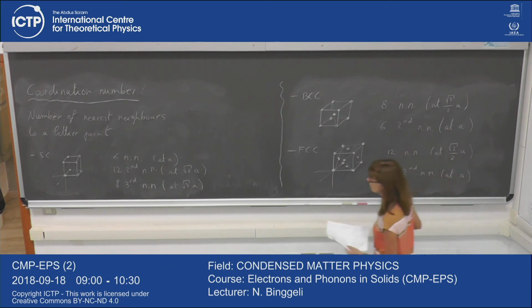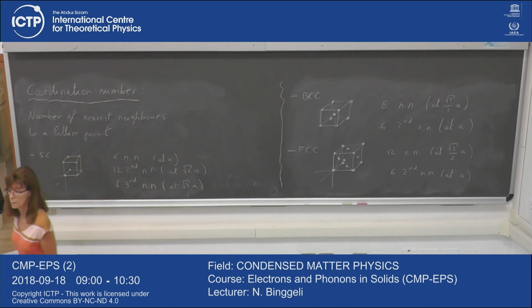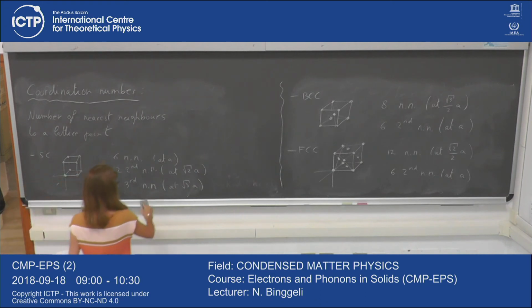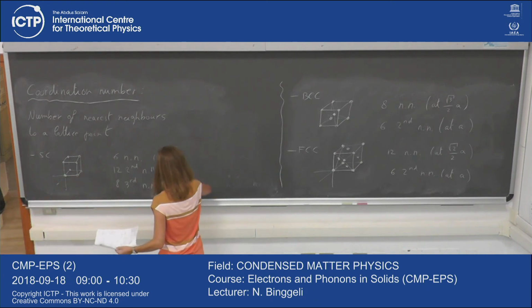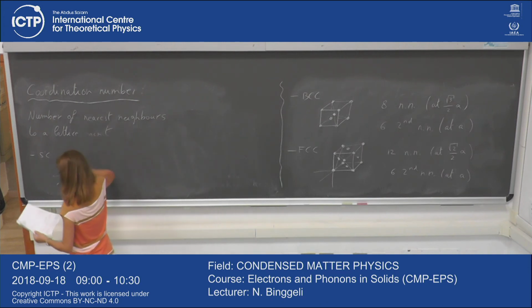So, to summarize, the FCC has the largest coordination number, 12 nearest neighbors, which is consistent with the fact that it's the most highly packed structure.